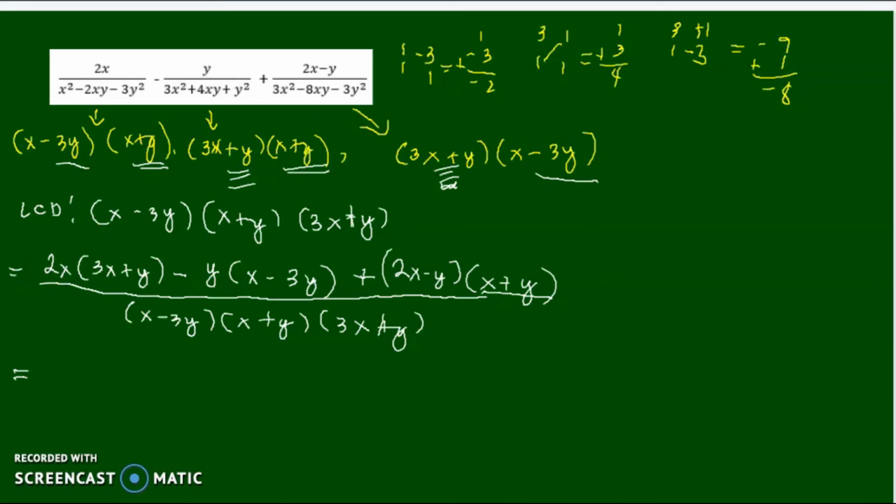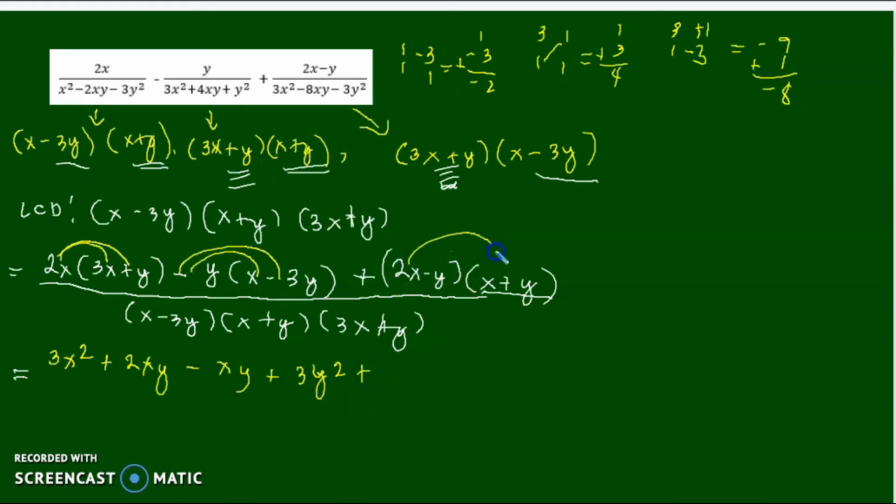Okay, by using the distributive property, distribute 2x to 3x plus y. And that is 2x times 3x equal to 3x squared. Then 2x times y equals 2xy. Next, negative y times x is equal to negative xy. And then negative y times negative 3y is equal to positive 3y squared. Next, in here, binomial times binomial, use the FOIL method.